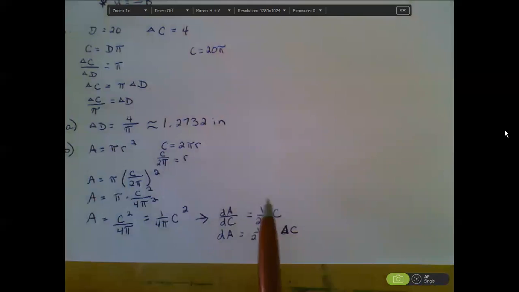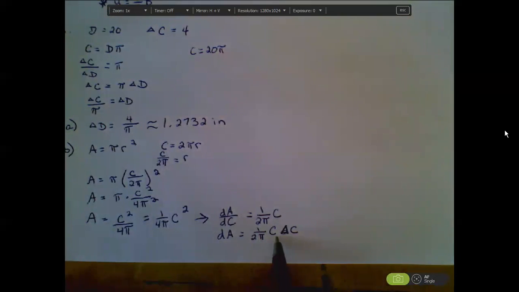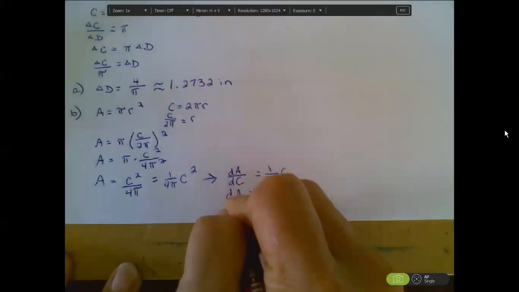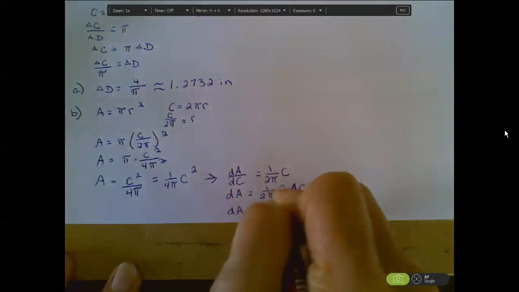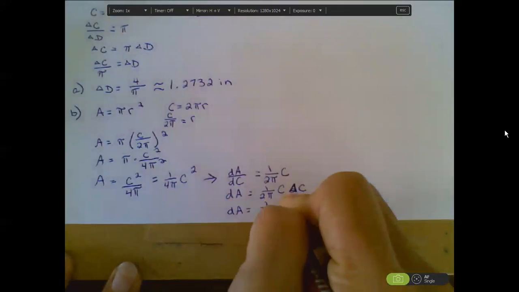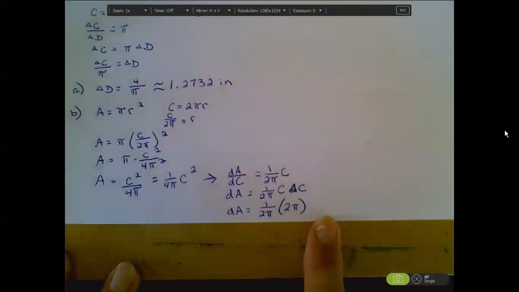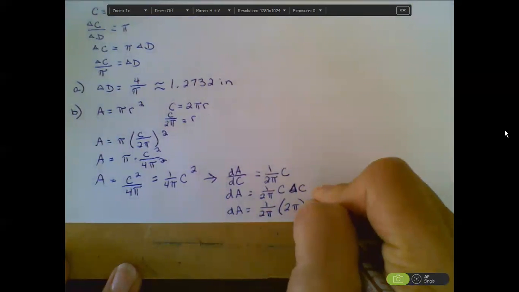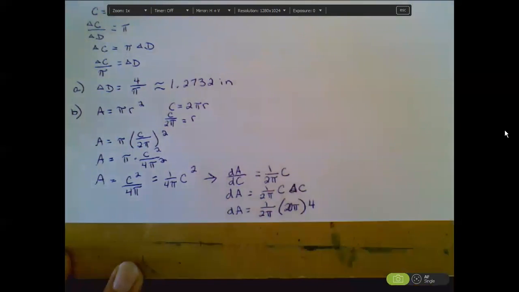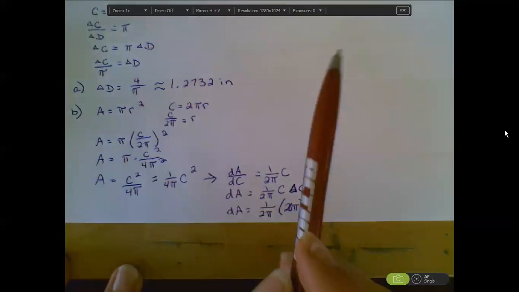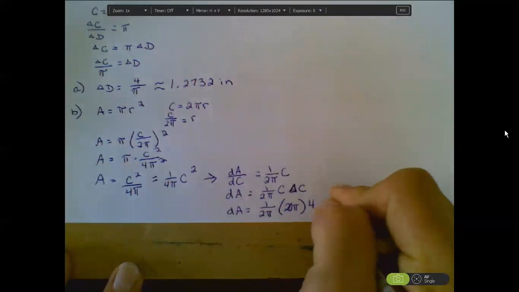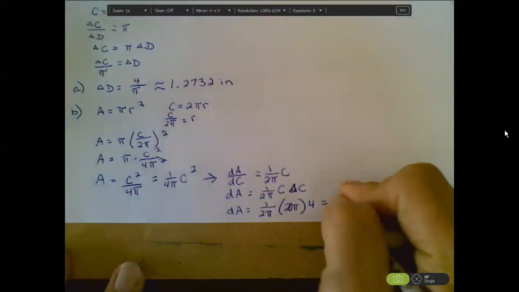And so 20 pi is what I need to put in place of C. The change in A would be 1 over 2 pi times 20 pi times the change in C, which was 4. 1 over 2 pi times 20 pi times 4 would just be 40.